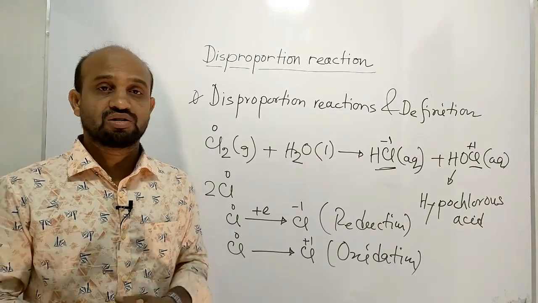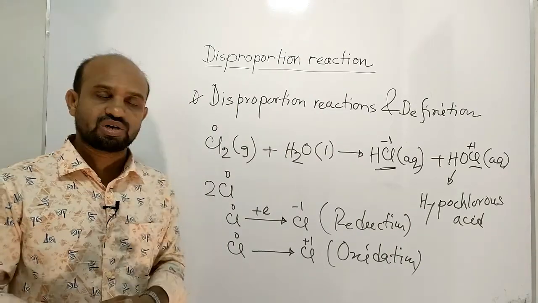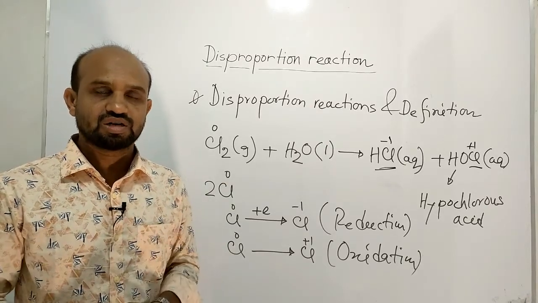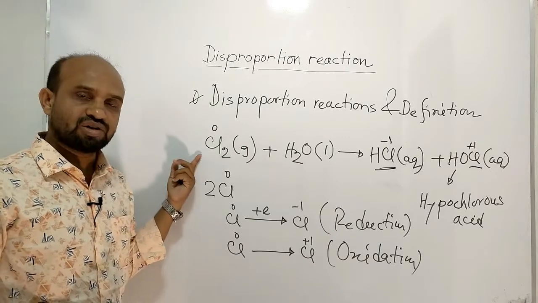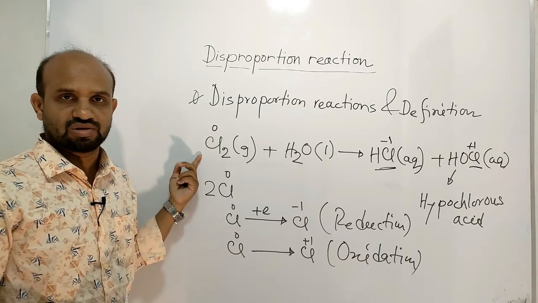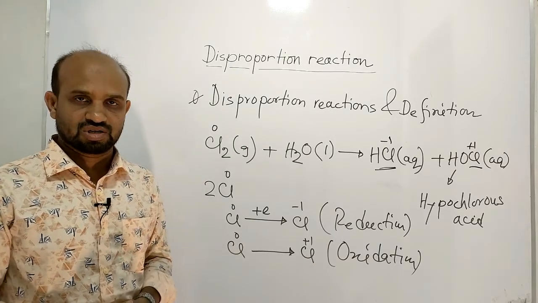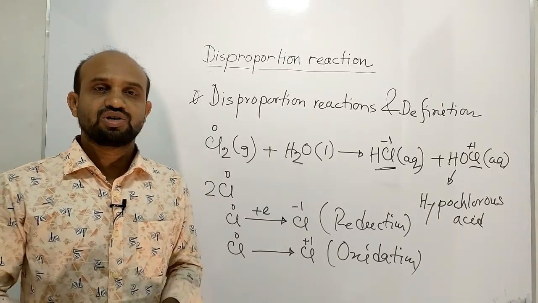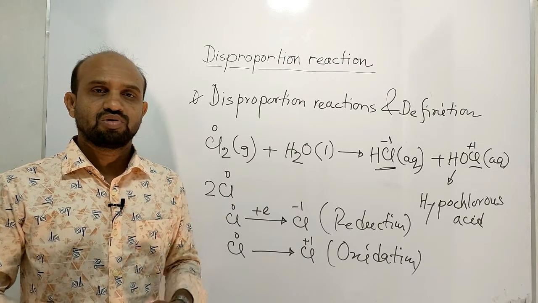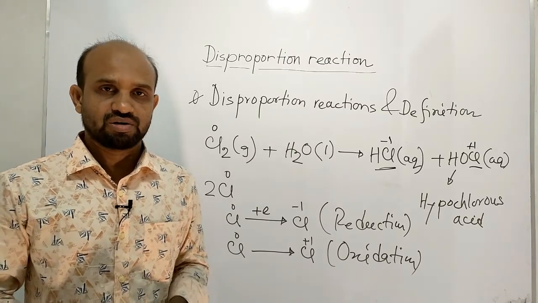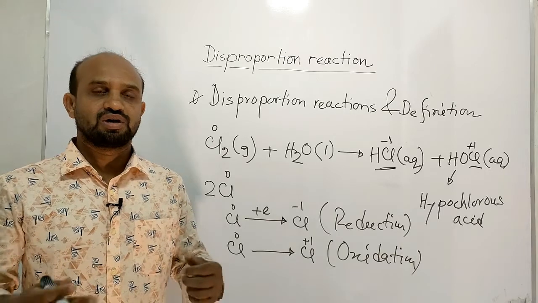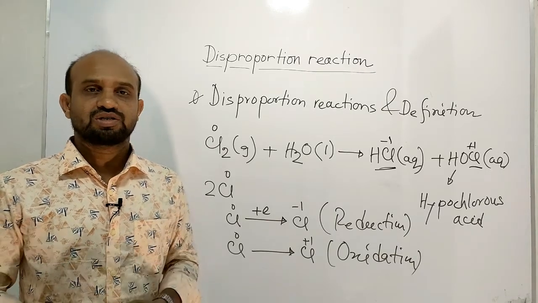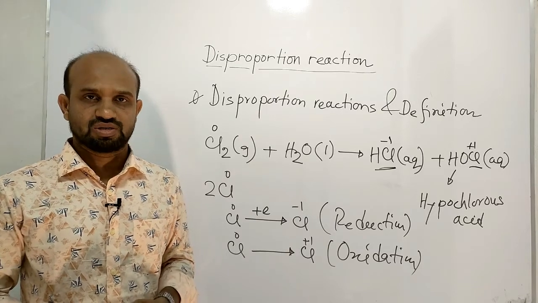So the reaction in which one element undergoes oxidation and reduction at a time, or simultaneously, that kind of reaction is called a disproportionation reaction. And the definition is: the reaction in which one element undergoes oxidation and reduction at a time is called a disproportionation reaction.